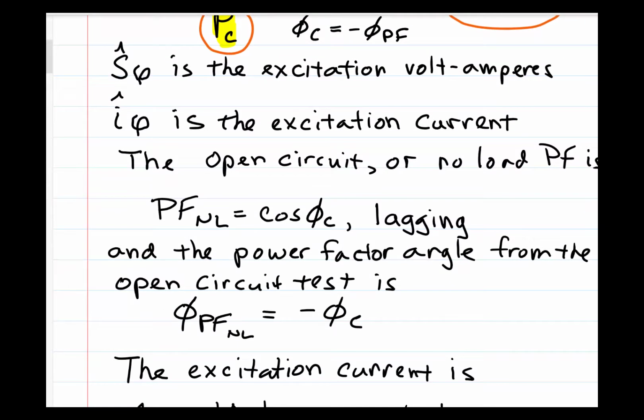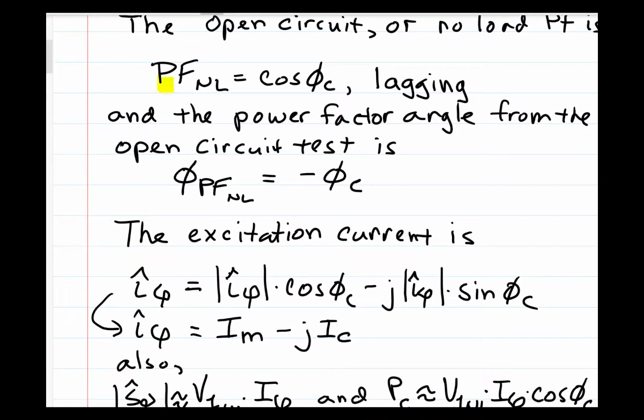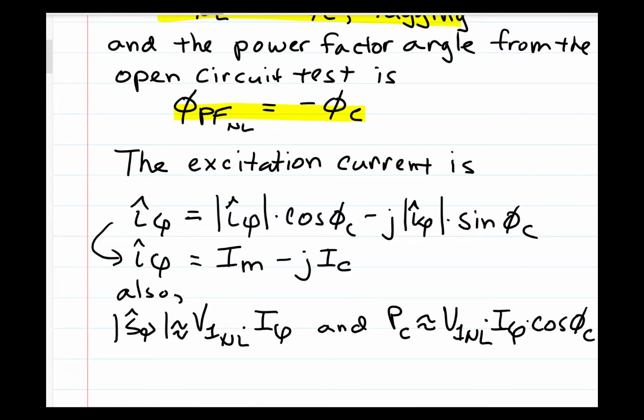We were also able to calculate from this test the exciting current, or I like to call it excitation current, because while some people find this exciting, it just doesn't sound right. So the excitation current, the no-load power factor, which is assumed to be lagging. From there we could find the power factor angle. With that power factor angle, we come up with the excitation current.